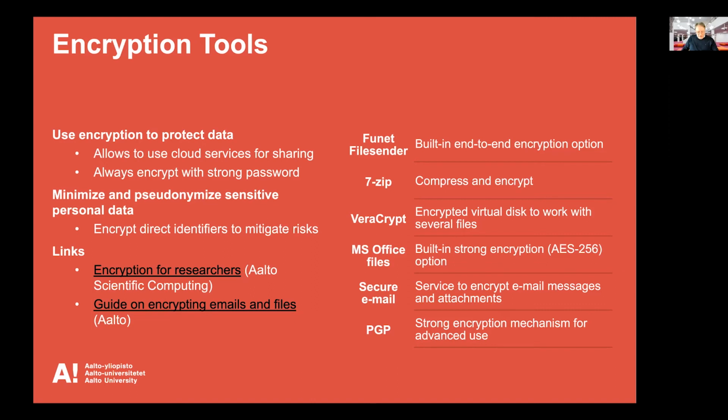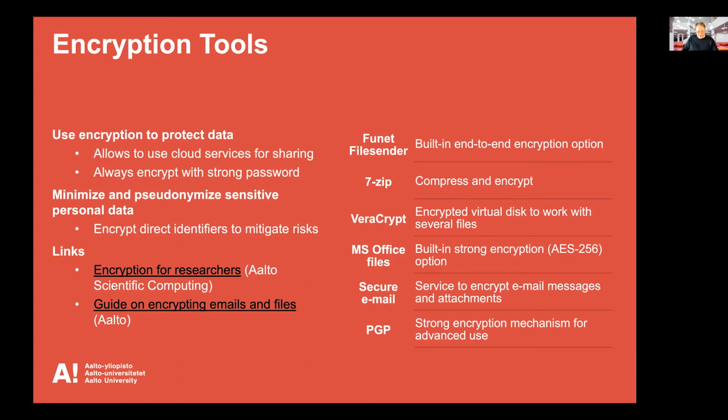And then minimize and pseudonymize sensitive personal data. The direct identifiers can be encrypted to reduce the risks. That's one use for it. Then we have a couple of links to guides with more information on encrypting in Aalto web services. And we have some examples of tools in use in Aalto.